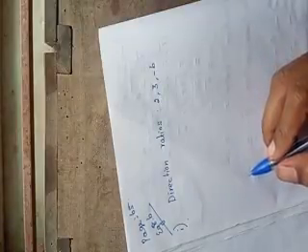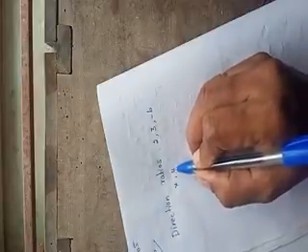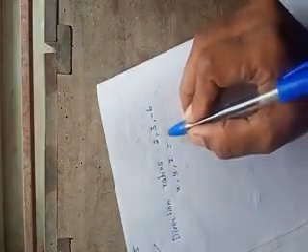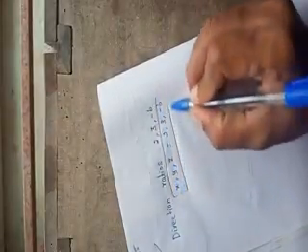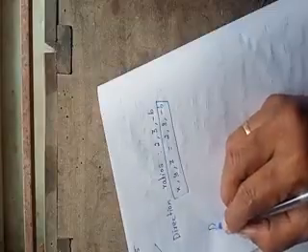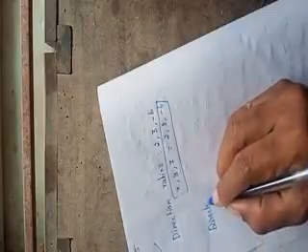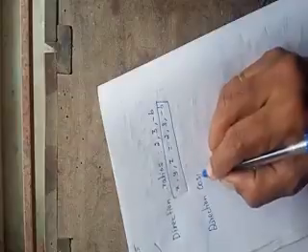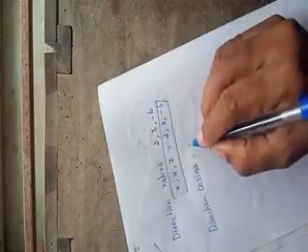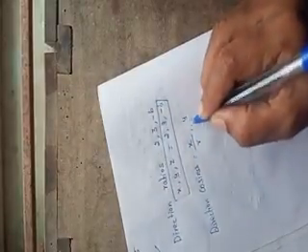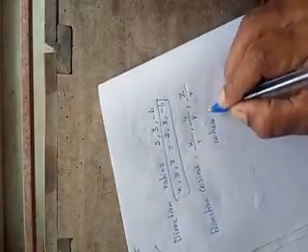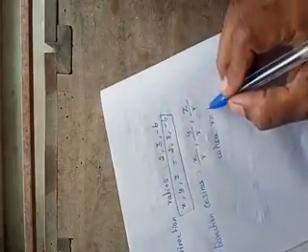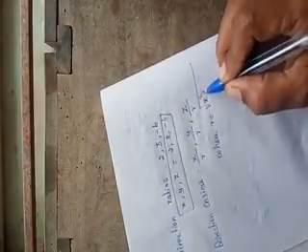What are the direction ratios actually? x, y and z. So they have given x, y, z as 2, 3 and minus 6. Now it's easy for us to find the direction cosines. We know that direction cosines are x by r, y by r, z by r, where r is the modulus value, that is root of x square plus y square plus z square.